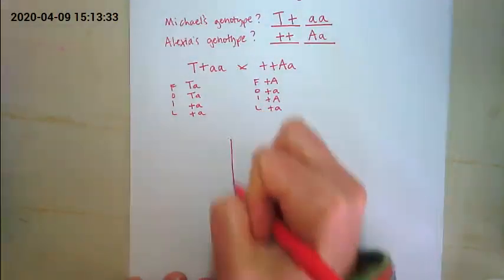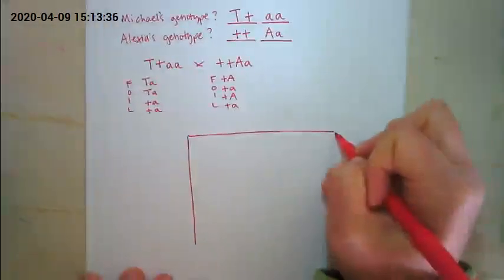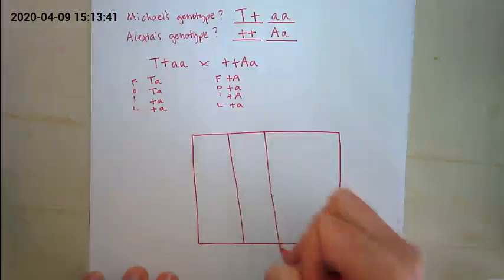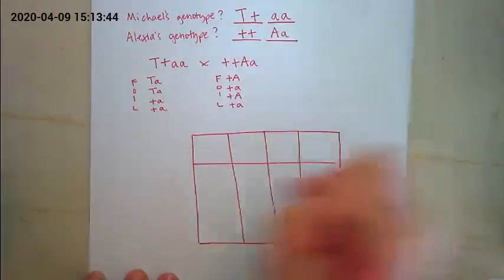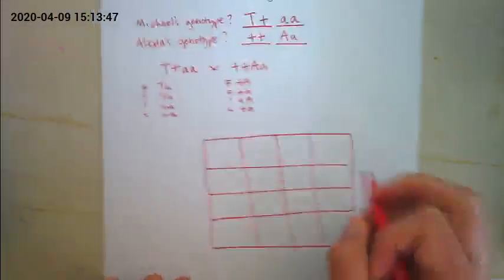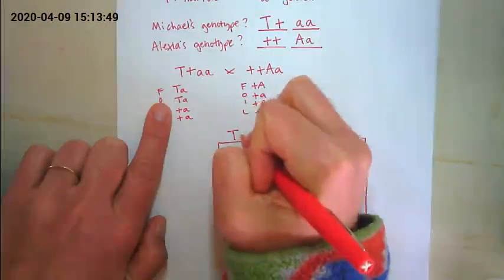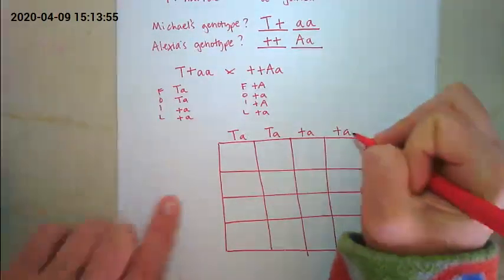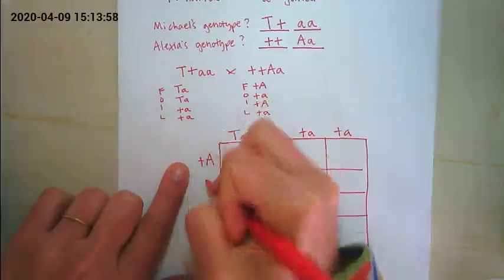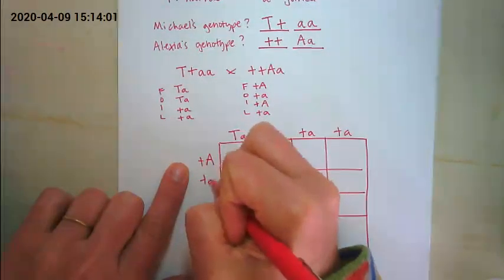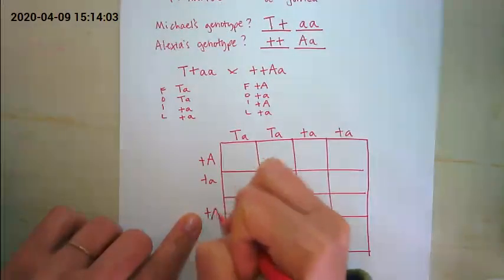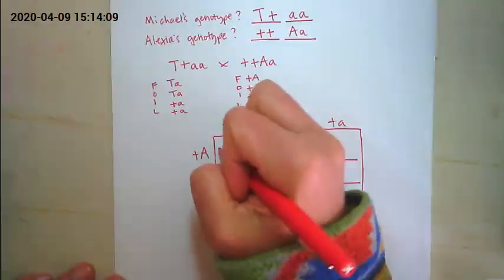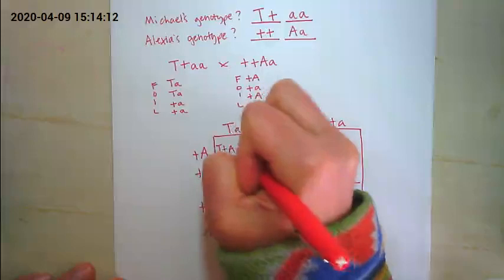Now we can do the big square. Let's do sperm, and then eggs. Okay, and then let's put them together. Keep the T's together and the A's together.